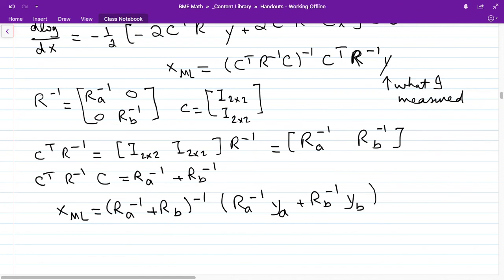It says take your measurement from the first GPS, weigh it by the inverse of the noise, add it to the measurement from the second GPS, weighted by the inverse of the noise, and divide by the sum of the noises. So it's a weighted combination of the two. When you have two measurements, each corrupted by noise, the maximum likelihood estimate that combines them is the weighted average, where the weight is the inverse of the noise.